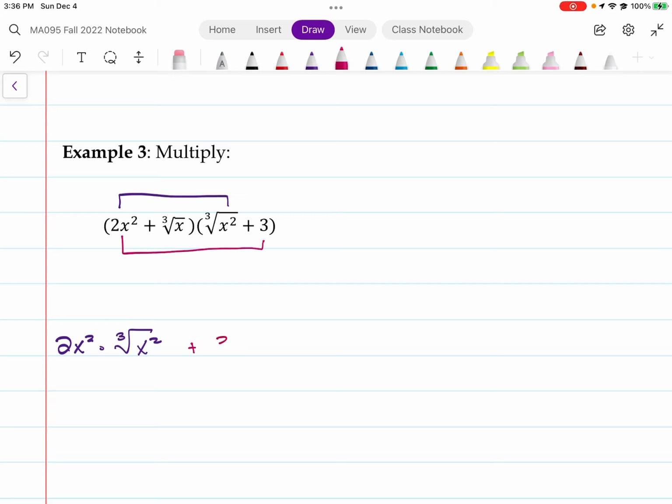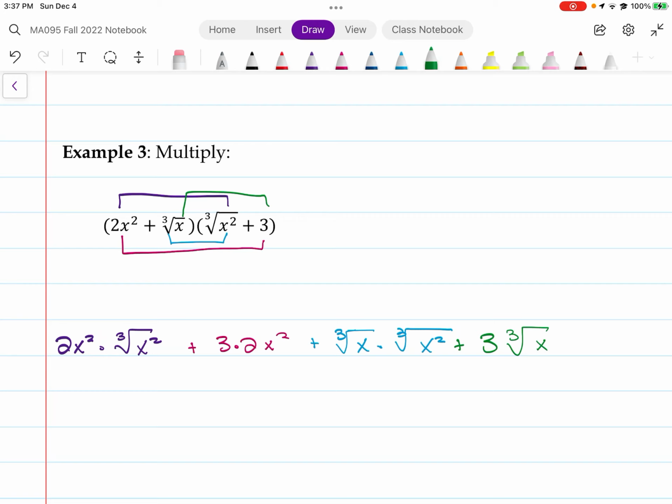So plus 3 times 2x squared. Plus the inside terms. And that's going to be the cube root of x times the cube root of x squared. And then the last is going to be the cube root of x times 3. So I'm going to actually put the 3 up front. So we got plus 3 cube root of x.